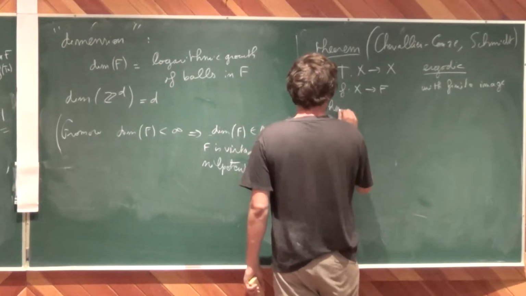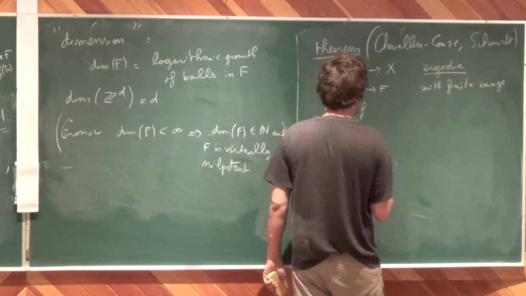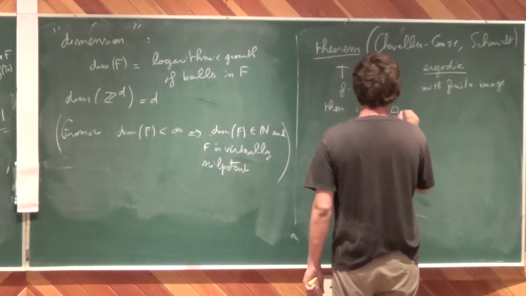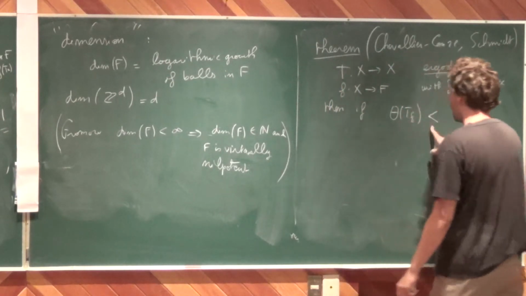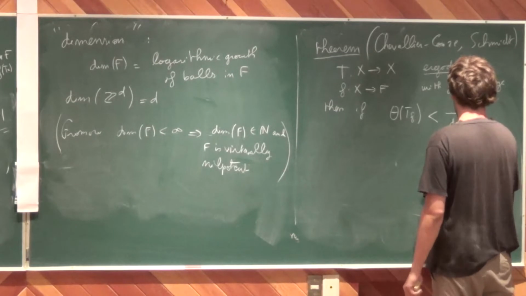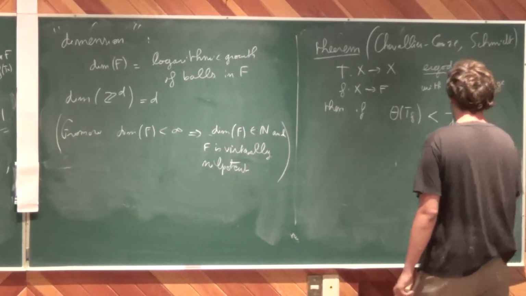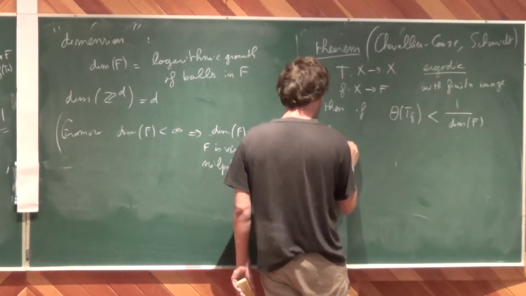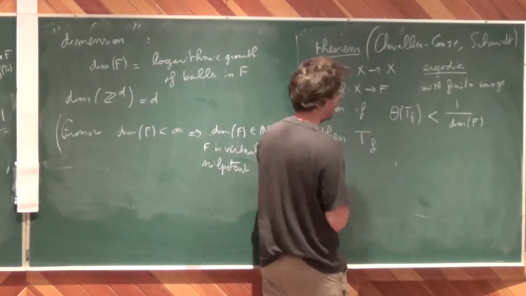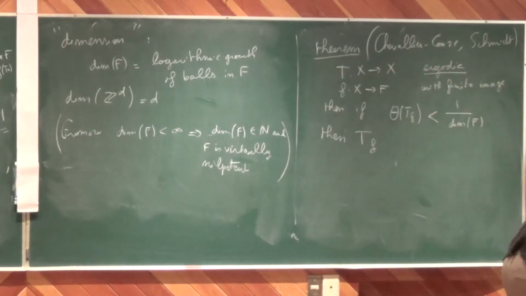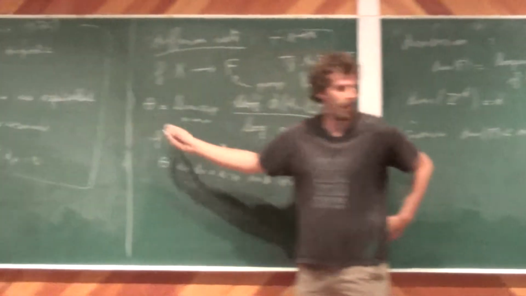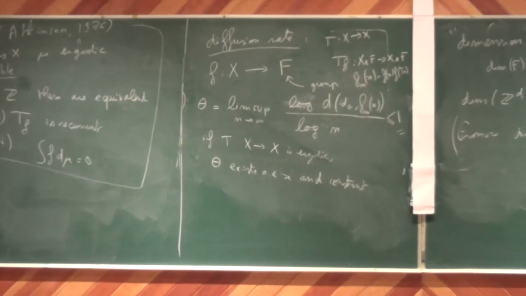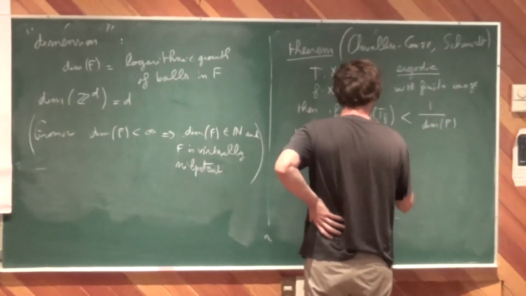Then, if the diffusion rate theta of T_f is strictly smaller than 1 over the dimension of the group, then T_f is recurrent. I need ergodicity in order that theta is well defined.